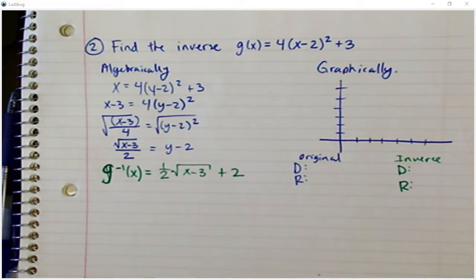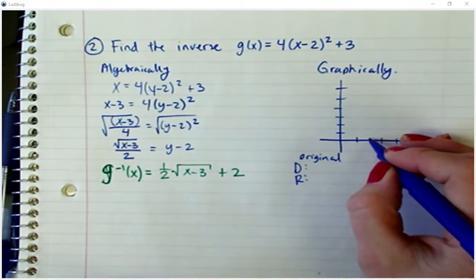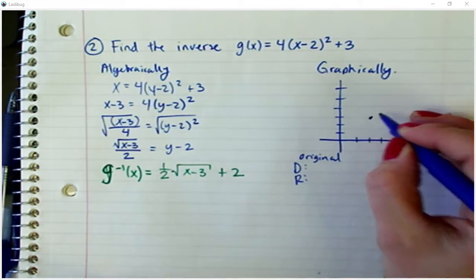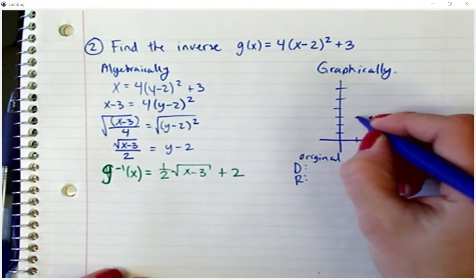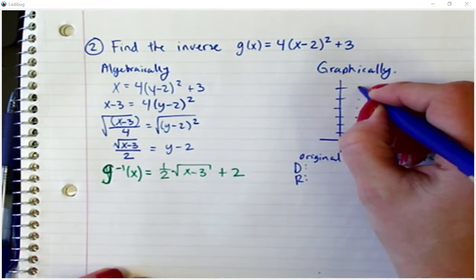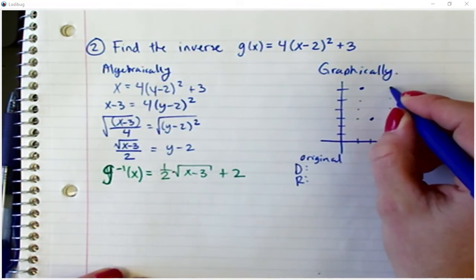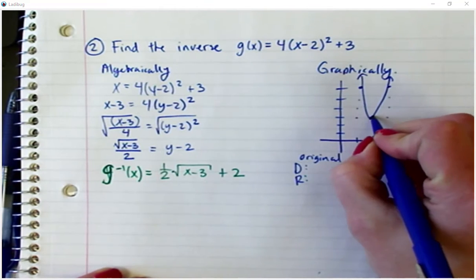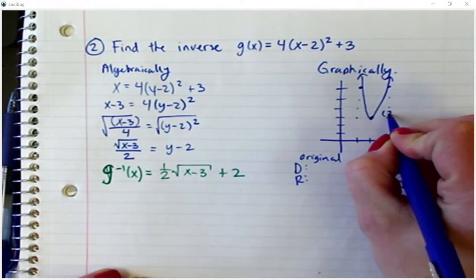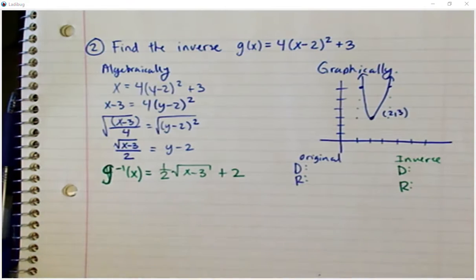Okay, and graphically, right 2 and up 3, and that graph is really skinny because of the 4, so it's over 1, up 4. Okay, there's my starting point, and I'll just jot it down. That's a 2, 3.